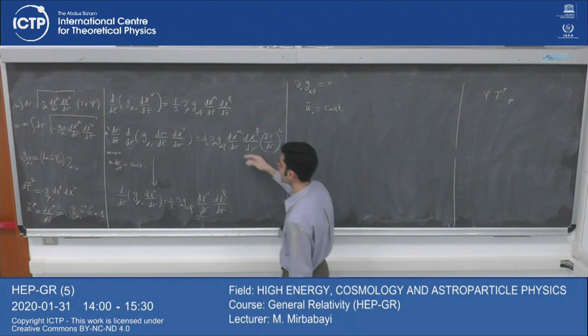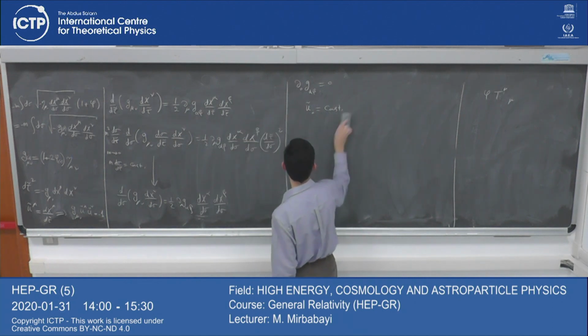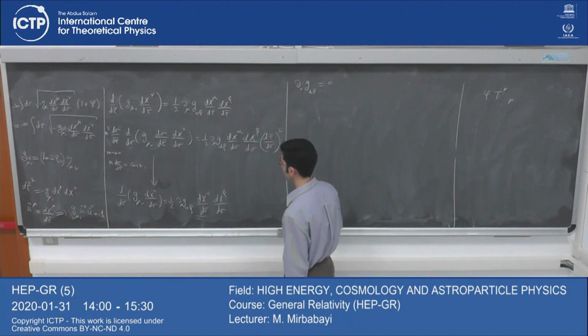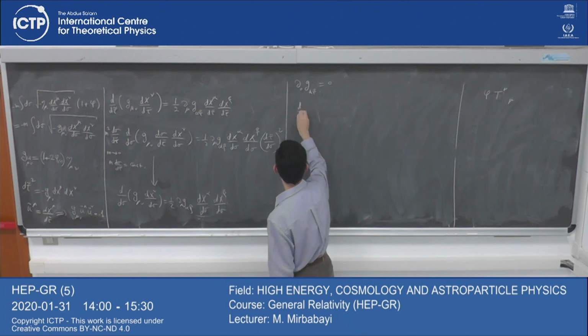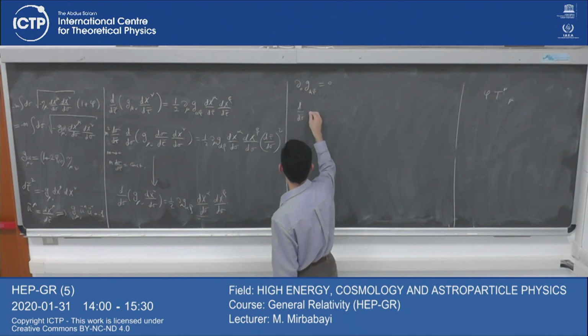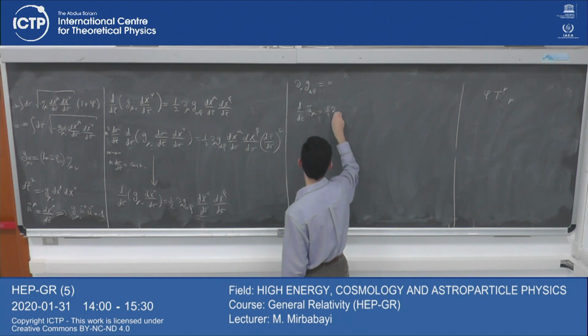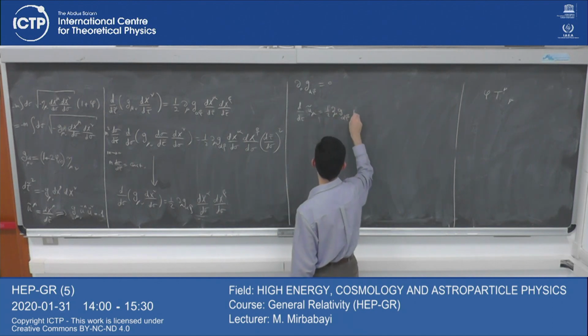Right, because this equation, if you remember, was d by d sigma of u tilde mu equals 1/2 d mu of g alpha beta u tilde alpha u tilde beta.